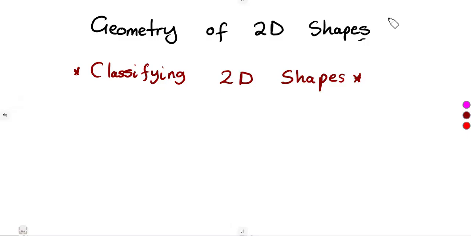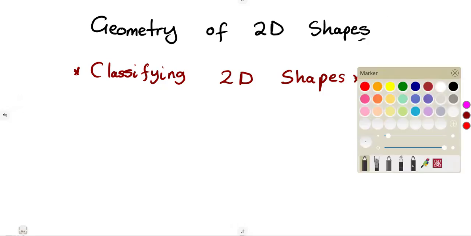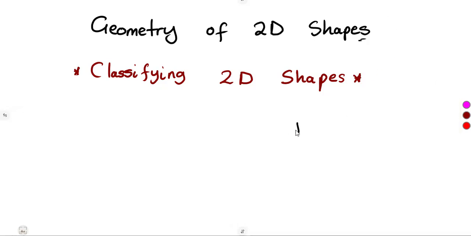So in this case, we are going to consider a continuation. Remember, we managed to work with the geometry of 2D shapes, basically working on the triangles, the properties of the triangles, if you still remember the first class that we had.